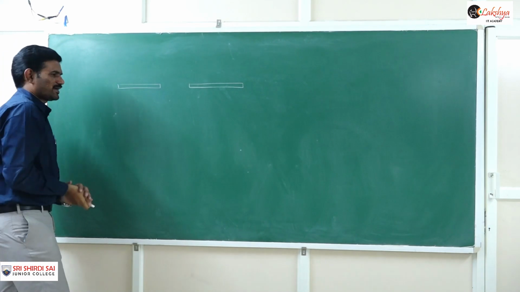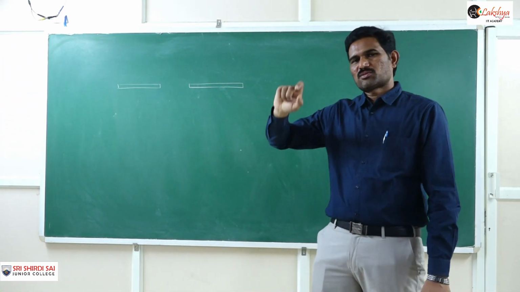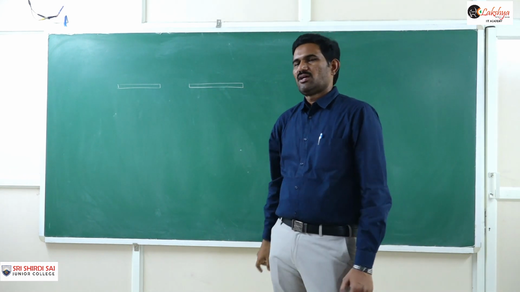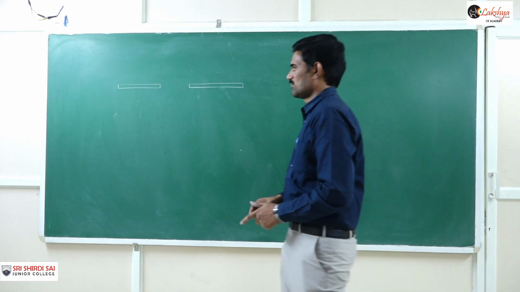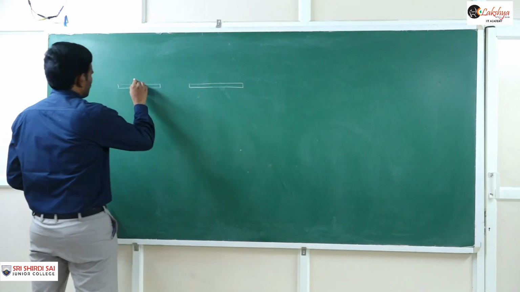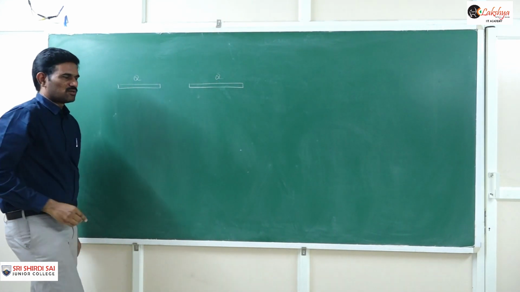Like here we calculated in the beginning of this continuous charge distribution the force between a rod and a point charge. Now I am taking two continuous objects, like both are rods I am taking here. So here charge Q is distributed on this rod, and here also the charge Q is distributed on this rod.